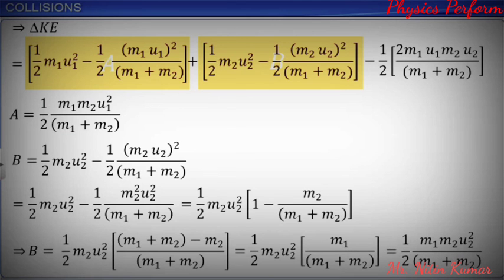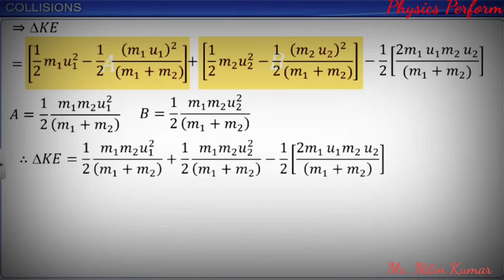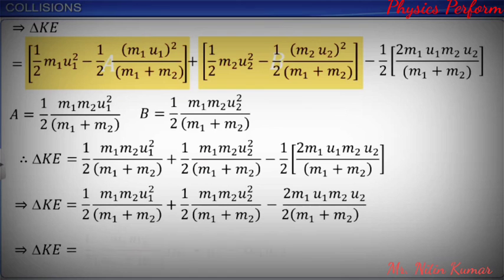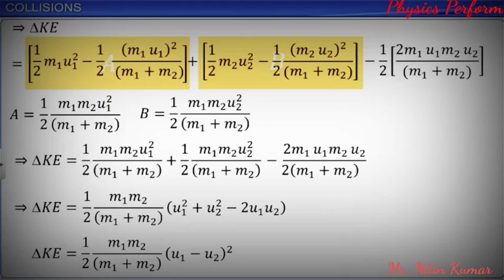Thus, the loss in kinetic energy in a completely inelastic collision is as shown on further simplification, half m1 m2 by m1 plus m2 into the square of u1 minus u2. Let this be equation 13.